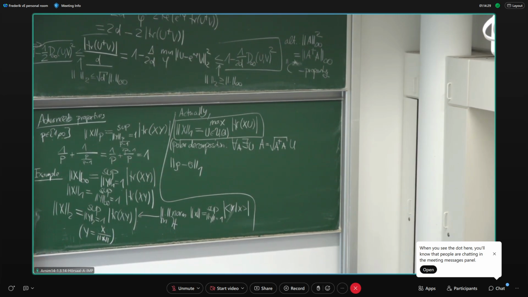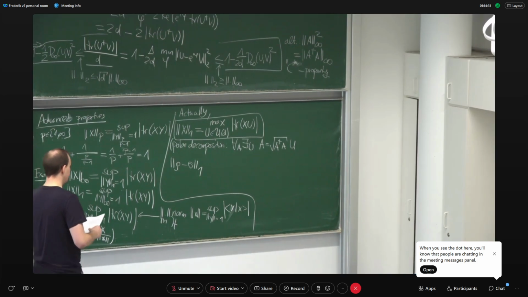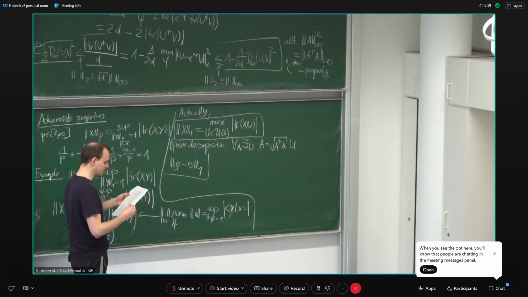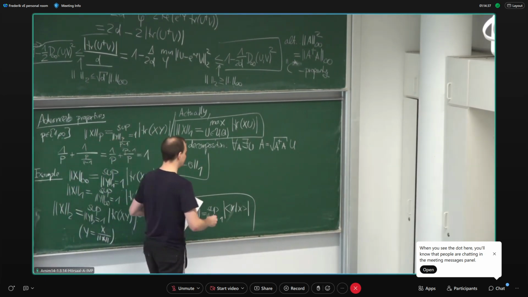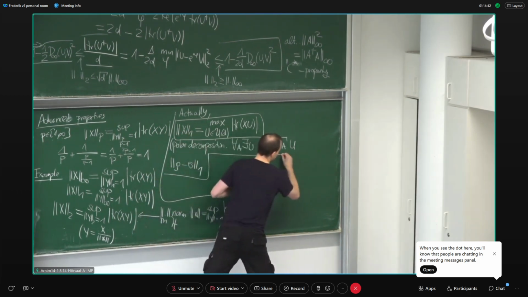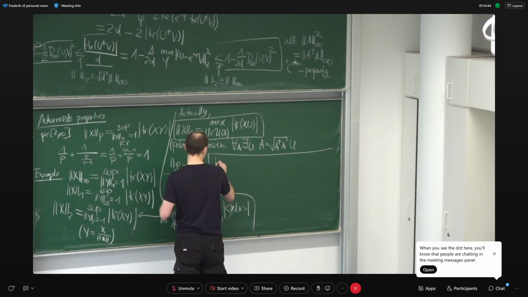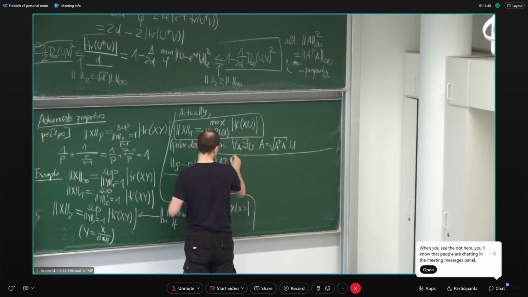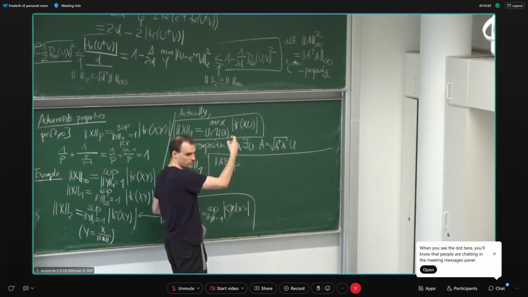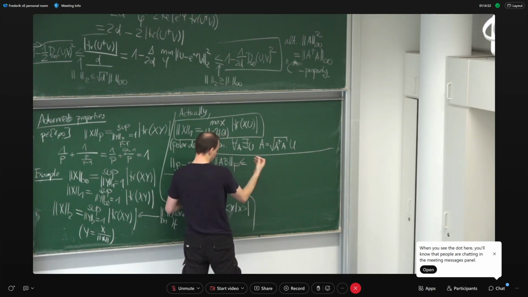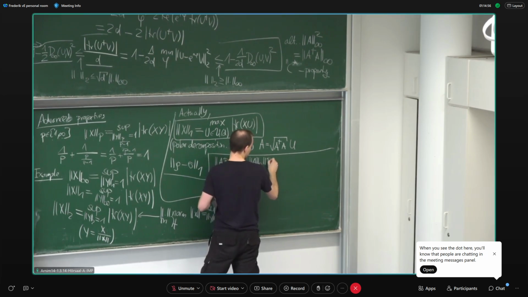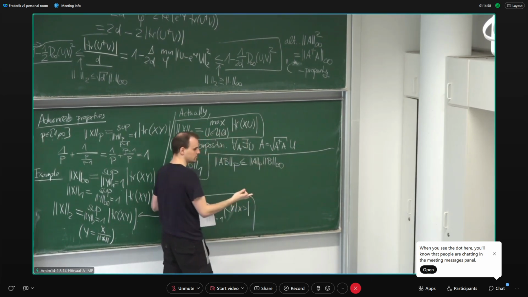Another property the Schatten norms have is that they are submultiplicative. So we start from some product in the P norm. Then, if you remember what we did earlier, by Hölder's inequality, you can split off the operator norm.